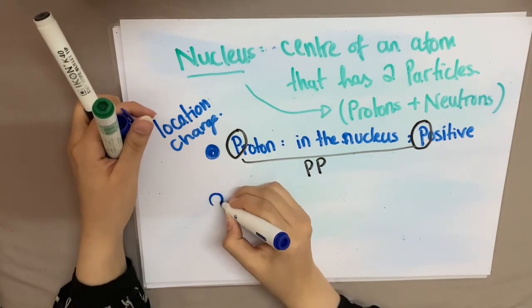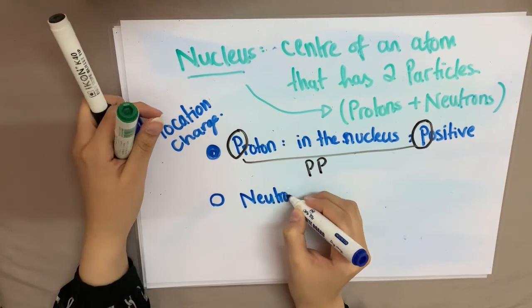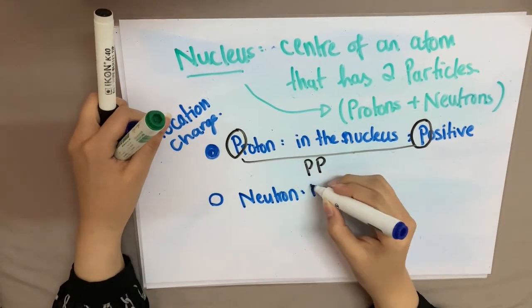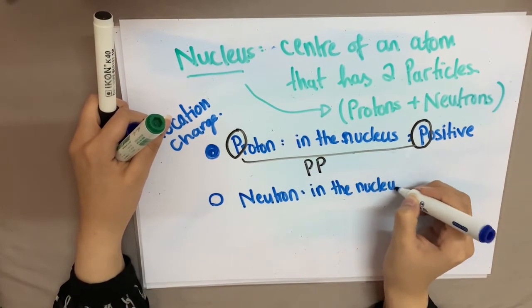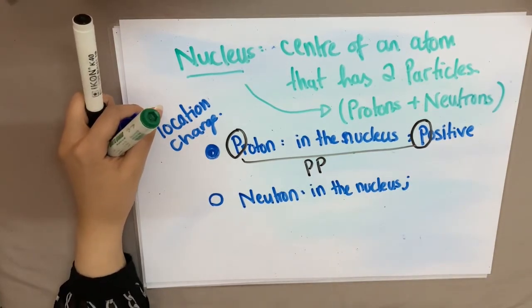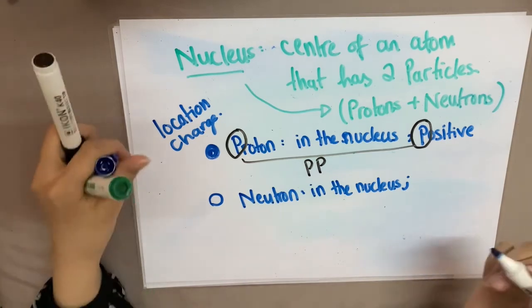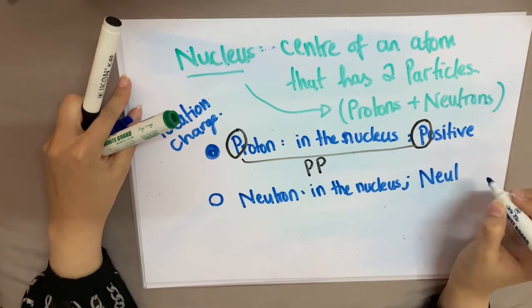How about the second subatomic particle that is in the nucleus? The second one is the neutron. Okay, what is the location of a neutron? Also in the nucleus, or we can say in the center of an atom. Okay, how about the charge? Its charge is also related to its name. That's how we can link things to be able to keep them in our minds. A neutron has no charge, no electric charge.